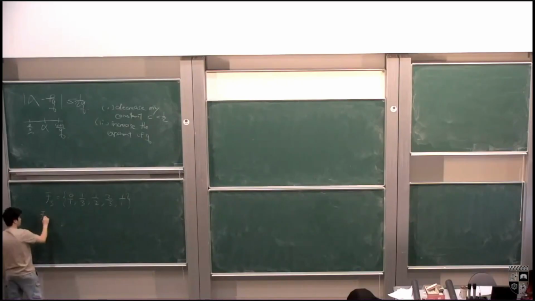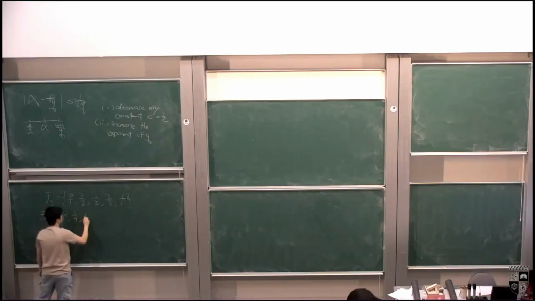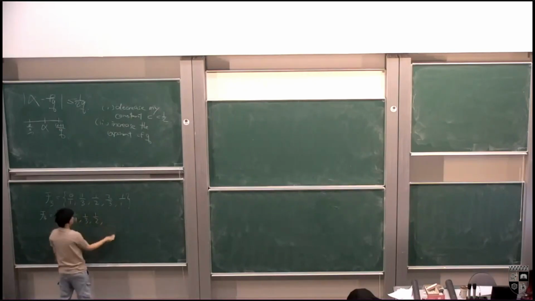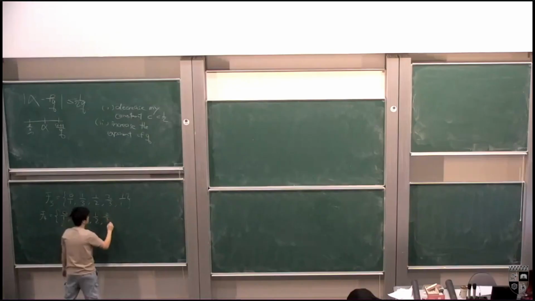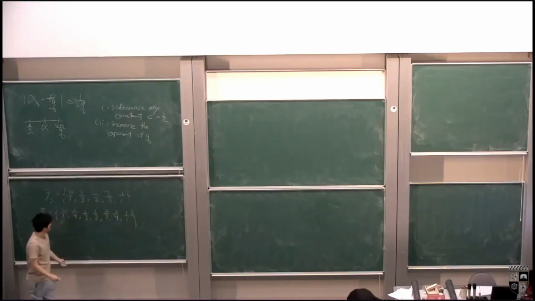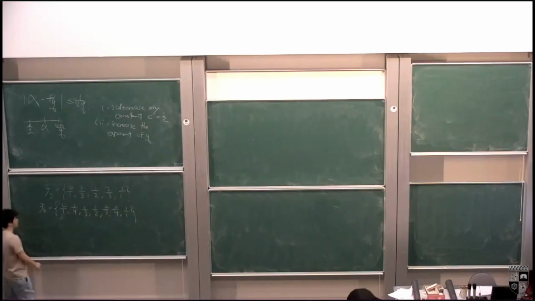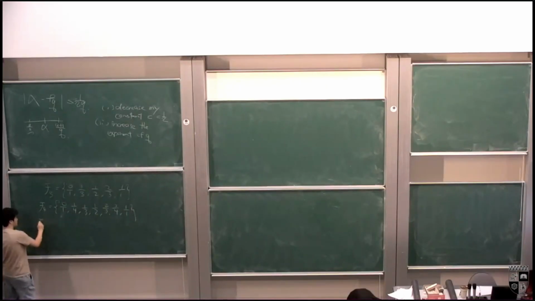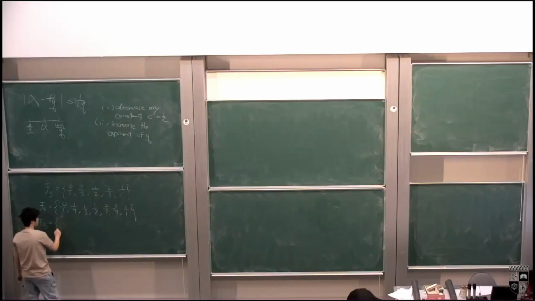Maybe we can do F of 4. It would look something like this. And maybe one more, because why not? F of 5.